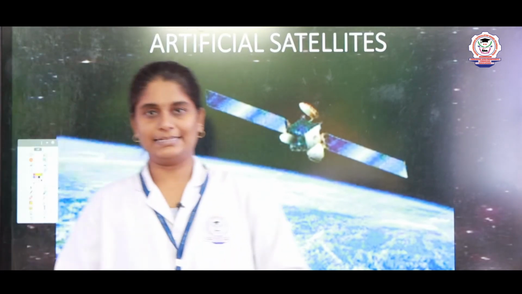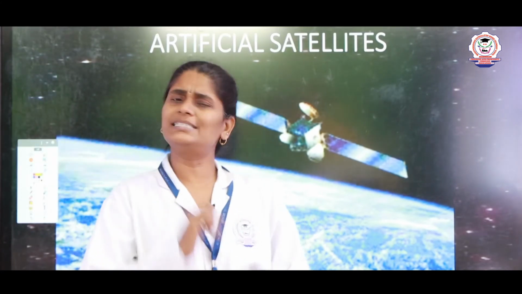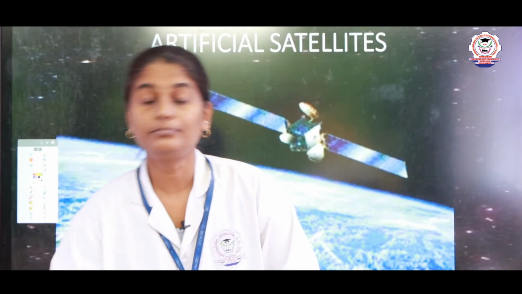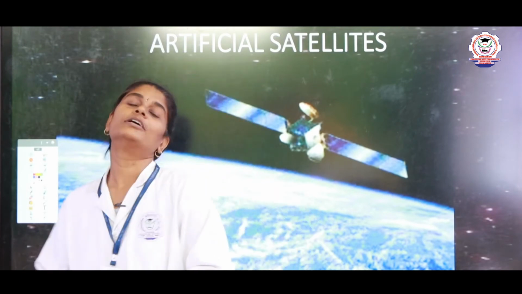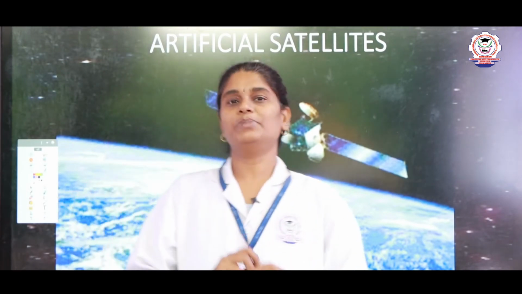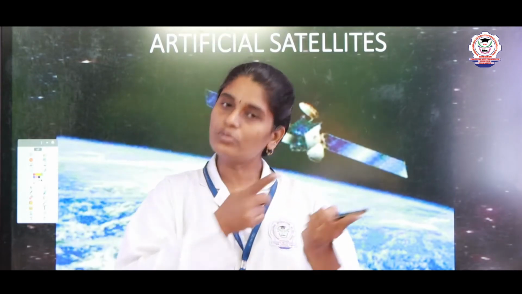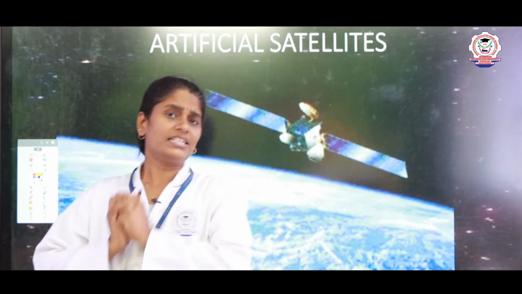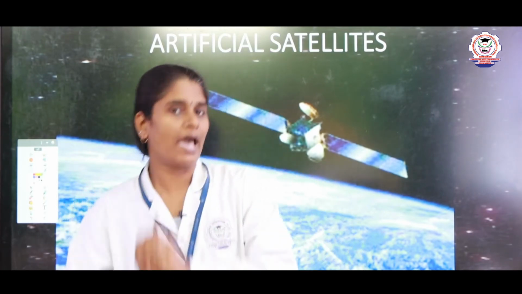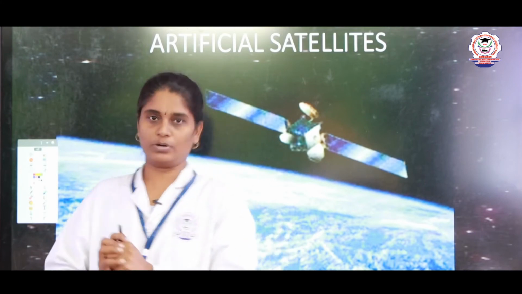Artificial satellites. Now what is a satellite? Satellites are the objects that revolve around the planets. The natural satellite that we have on the Earth is the Moon, right?